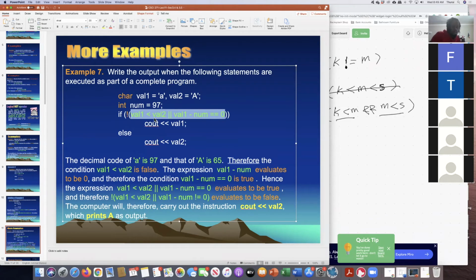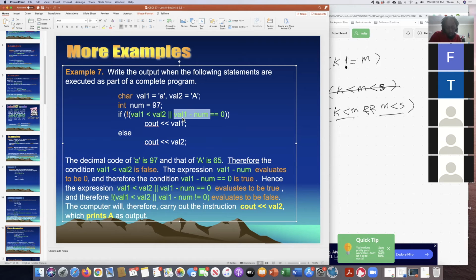Val 1 less than val 2, lowercase a less than uppercase A, is false. This first condition is false. Lowercase a is 97, uppercase A is 65. So that's false. Val 1 is lowercase a, same as 97. So val 1 minus num will be 0. You're subtracting a number from a letter, but remember both will be converted to the larger type, which is integer.